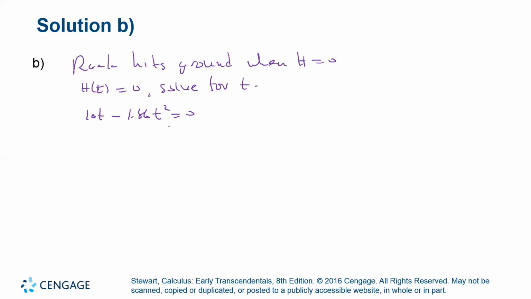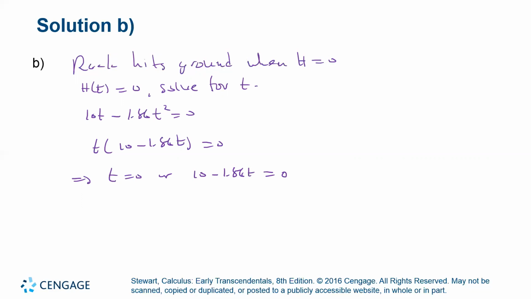Now if you set it to 0, we can factor t out and we have t times (10 minus 1.86t) equal to 0. So remember, either t equals 0 or 10 minus 1.86t equals 0. Now t equals 0 is when the rock was thrown up.